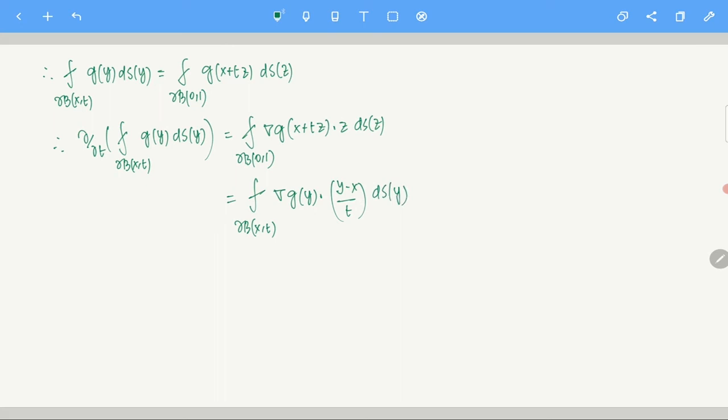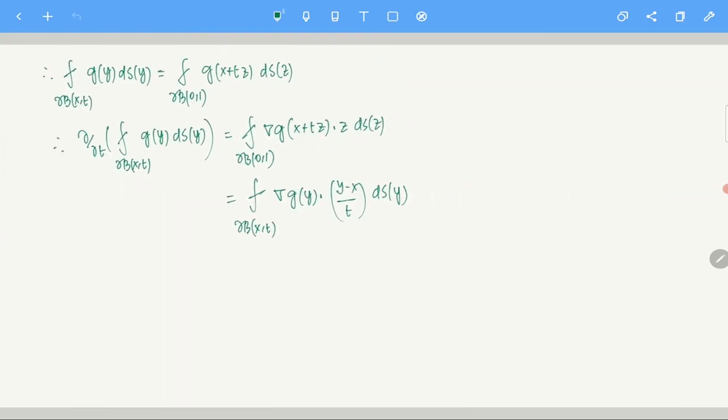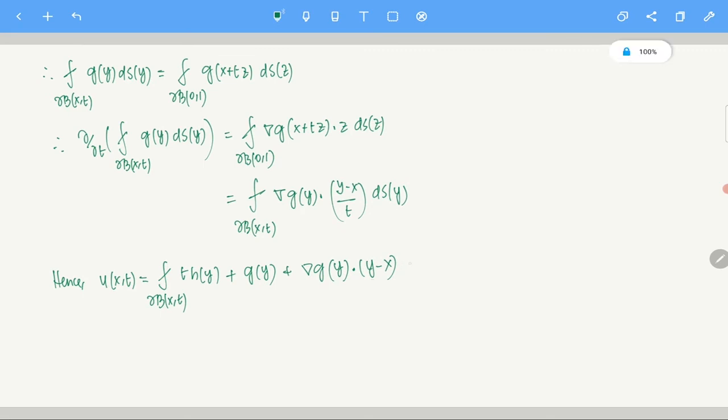Now once I have this, I can write what u of x,t is. Hence u of x,t will look like the integral over del B(x,t) of t h of y plus g of y plus gradient of g at the point y dot y minus x, dS of y.